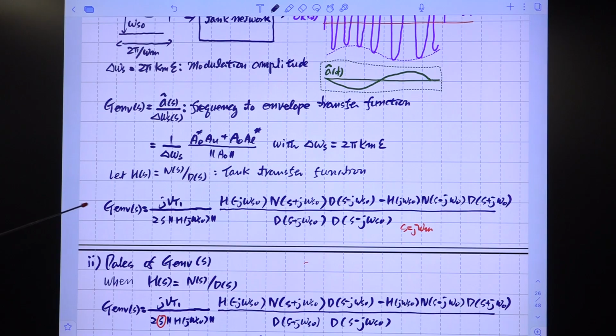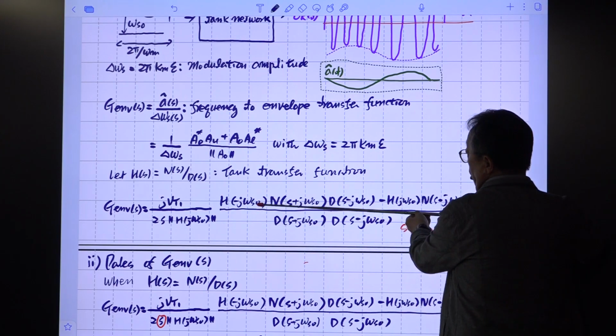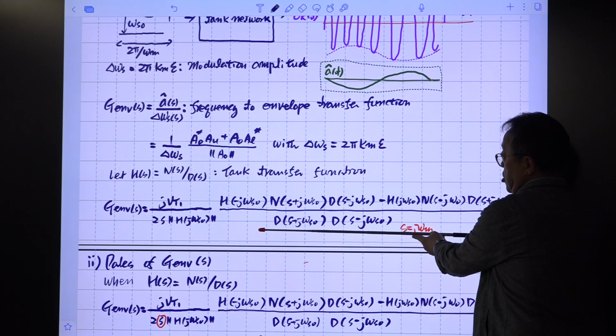The frequency to envelope transfer function is this one. It has this constant, and s is in the denominator. That means there is one pole at the origin, right? This upstairs is the numerator, and this downstairs is the denominator.